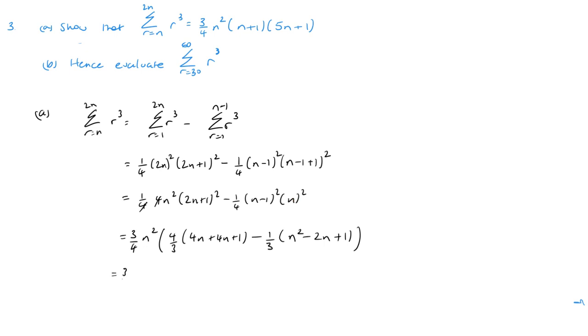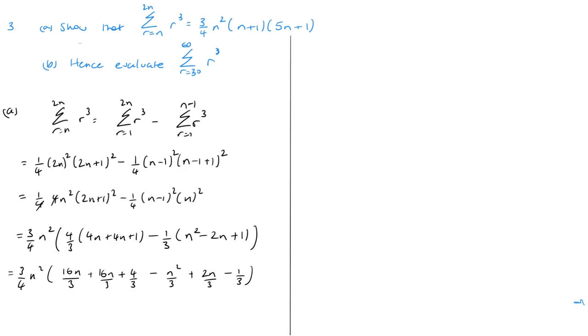So that is 3/4 n squared times 16n squared over 3 plus 16n over 3 plus 4 over 3 minus n squared over 3 plus 2n over 3 minus 1 over 3. Okay, I'm just going to make a little bit of room. So 3/4 n squared on the outside.